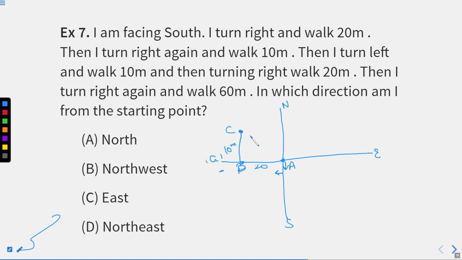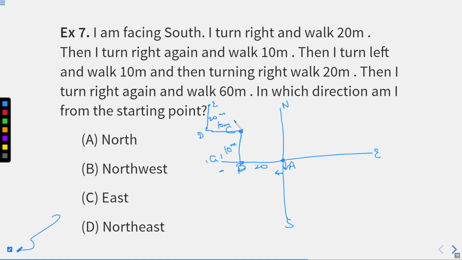And then I turn left and walk 10 meters. Again, he turned left in this direction and walked 10 meters, right? And then turn right and walk 20 meters. So this is point C, this is point D, and from D to E again 20 meters, right?